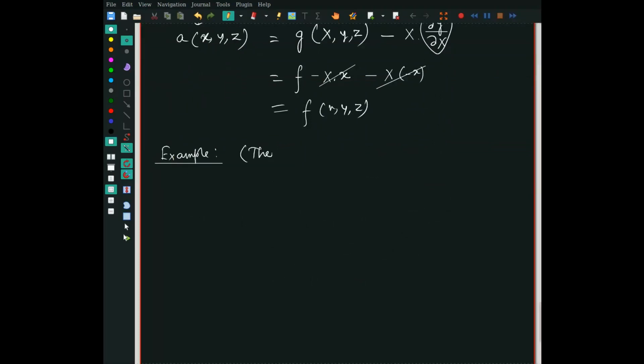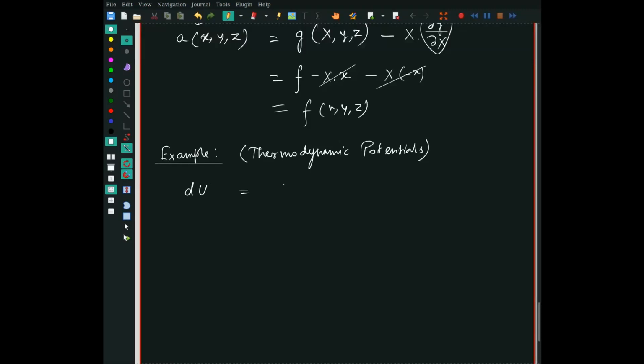If you go back to your lessons of thermodynamic potentials, then you had this thing. So you wrote from the first law of thermodynamics, maybe first and second law, dU equals TdS minus PdV. So this is your internal energy, and the internal energy you wrote as a function of S and V.